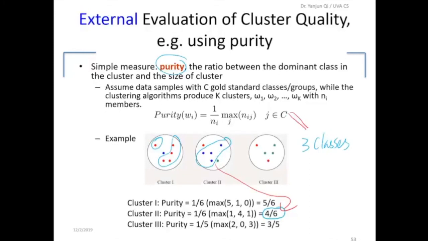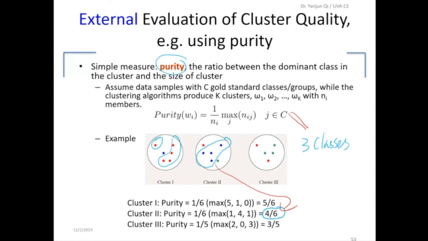There are many different measurements you can use, even Gini and entropy, or the specific purity method we can use here. It's very simple: you use the maximum number of a class in that cluster over the total size, and it shows how pure my current cluster is. Considering all the clusters, you sum them together. This is only one choice; there are many other possible choices we learned. It's a very similar measurement to the decision tree leaf picking.